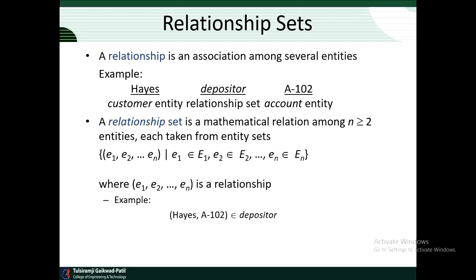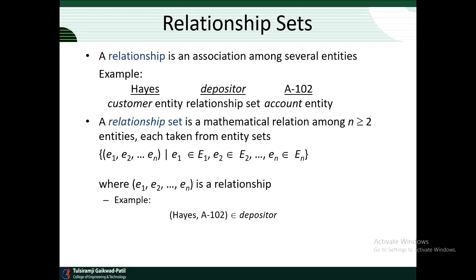So the relationship here is the depositor relationship amongst the two entity sets, and Hayes is the name of a customer having the account number A102, and the relationship among the two entity sets is the depositor relationship.